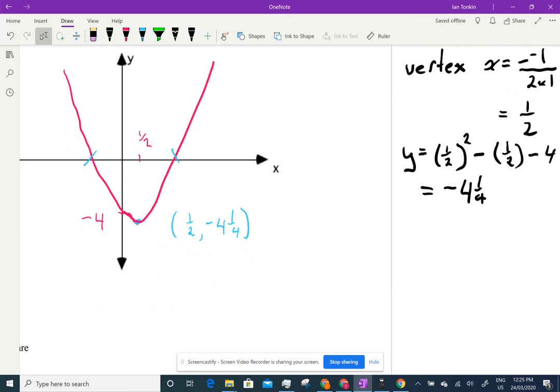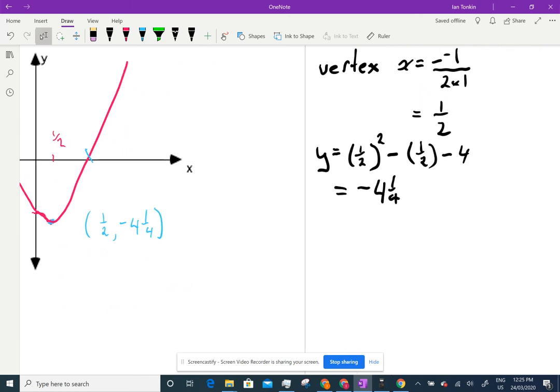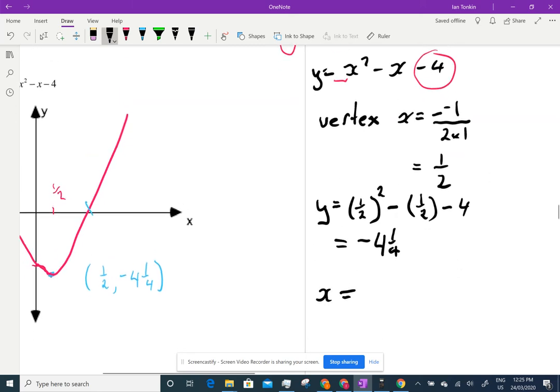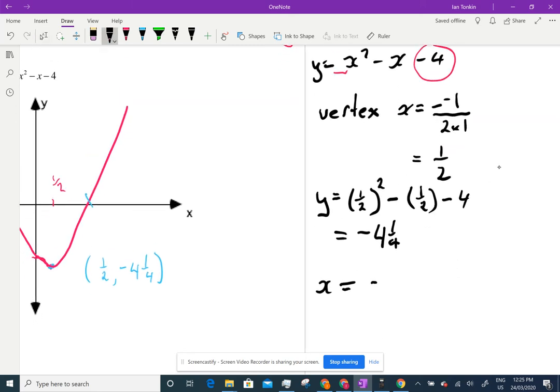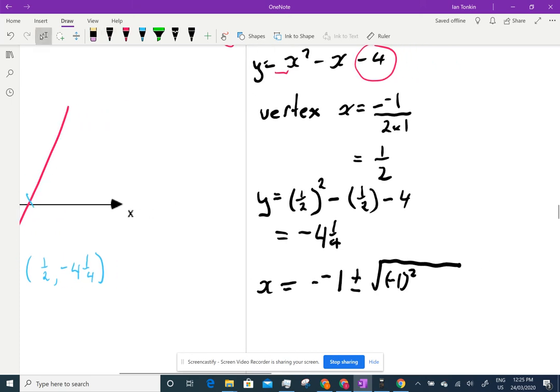Now, to find the roots, I'm just going to use the quadratic formula. So x equals, and what was my equation? Negative b, so negative 1, plus or minus the square root of b squared, negative 1, put it in brackets, minus 4 times a, that's a 1, times negative 4, all over 2 times a, which is 1.